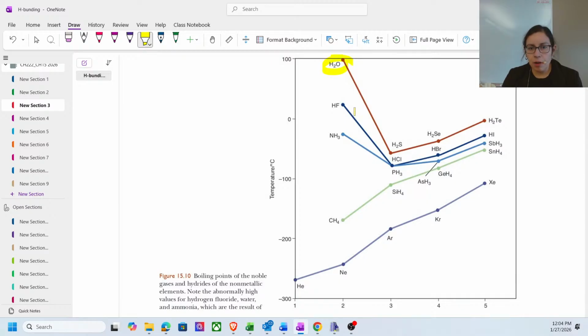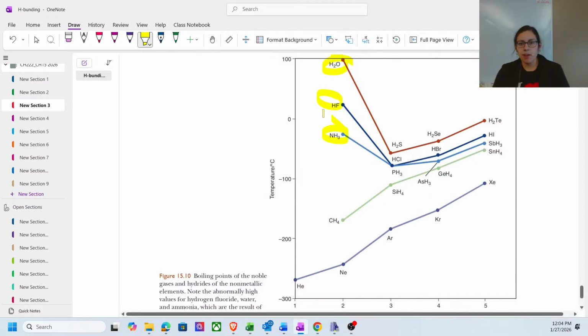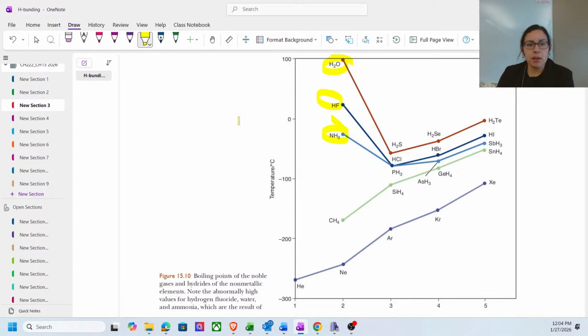Our water, HF, and ammonia all have elevated boiling points due to that hydrogen bonding. Fairly significant, that effect there. And you're appreciating that everything is tracking by mass. With increasing mass, you have increasing boiling points, with our anomalies being our hydrogen bonding.